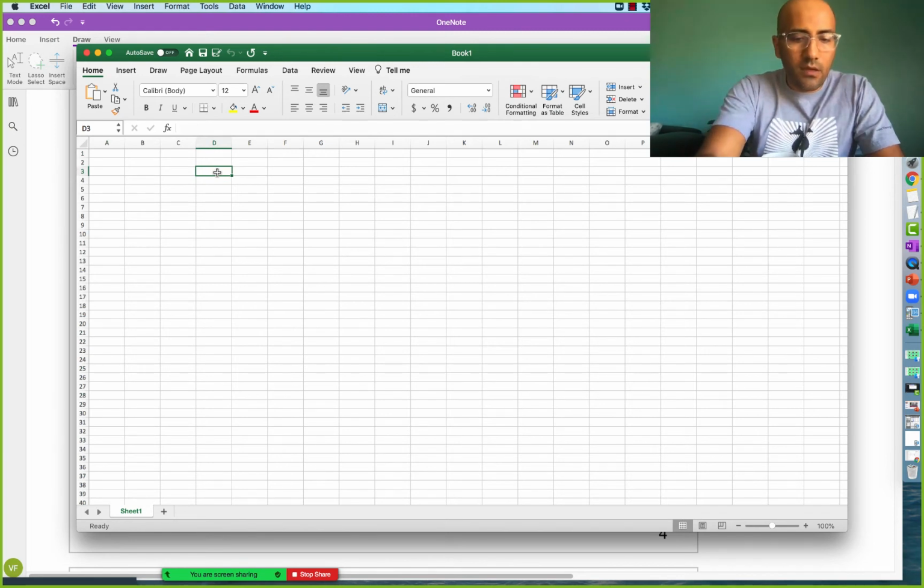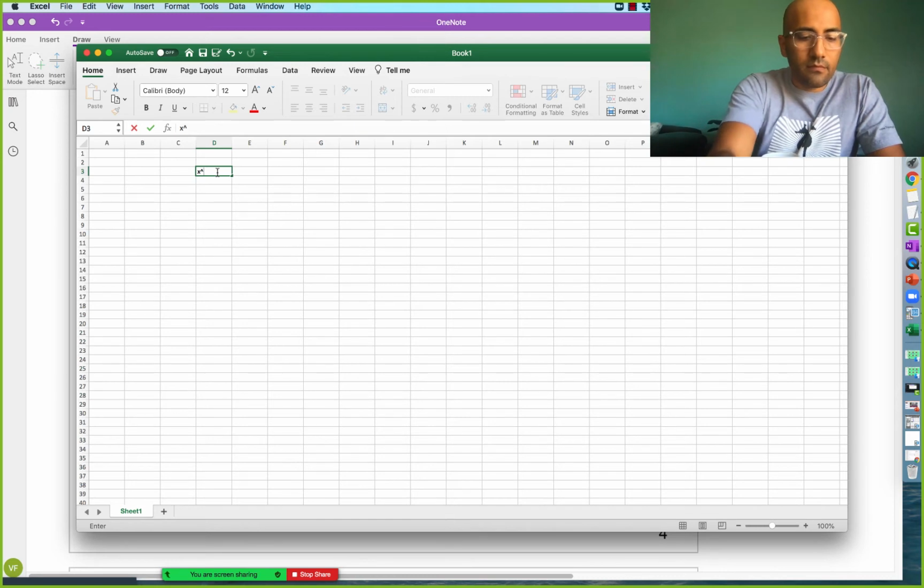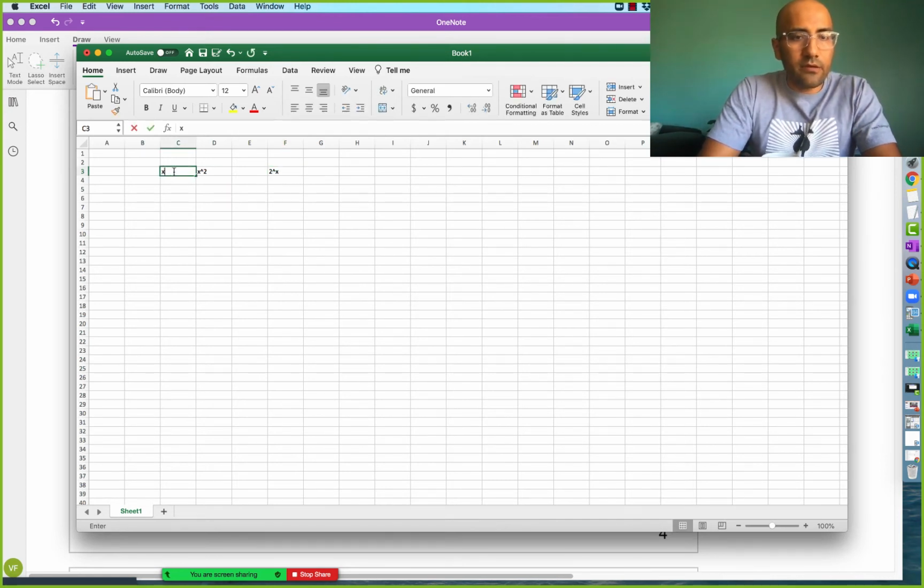Okay, so we want to compare x to the second power here and compare it to, let's put it over here, 2 raised to the power of x. So we create a table, right? So this is going to be the x value here.